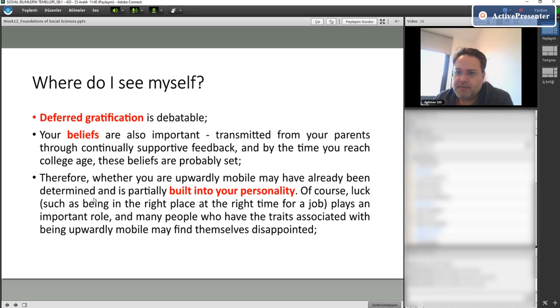But there is also something of psychology, beliefs, and beliefs are transmitted from your parents through continually supportive feedback. Imagine you live in a family of 10 children. It would be very difficult for the parents to be involved in the education or psychological support of every single child. But imagine that you come from a family of 2 children.